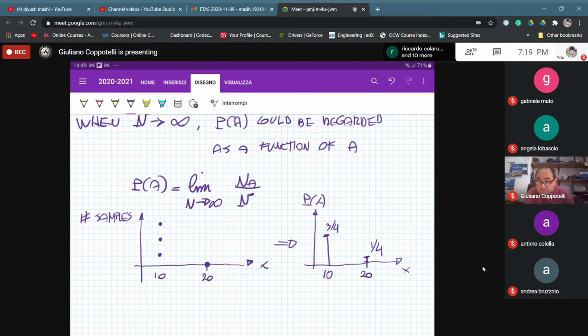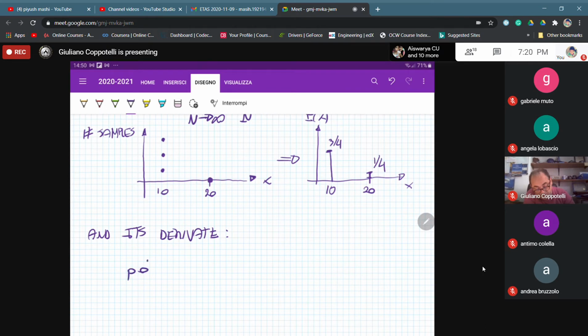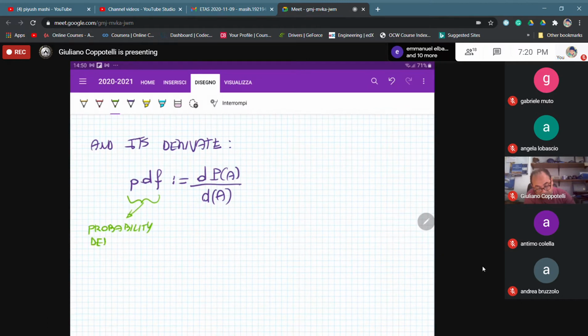And because it is continuous, we can also derive its derivative, that is called PDF, the derivative of the probability of an event A with respect to a change of this event A. And this PDF is the acronym of the probability density function.